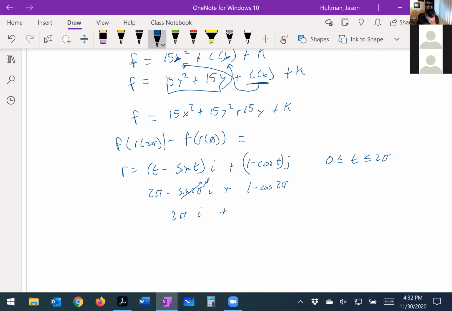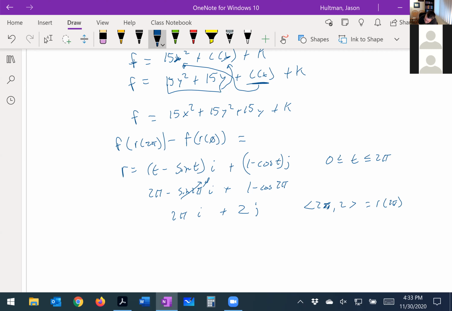And cosine of 2 pi is negative 1. Just put in a 2 here, so plus 2, I think. So that's j. So we get 2 pi, 2, and that's r of 2 pi.